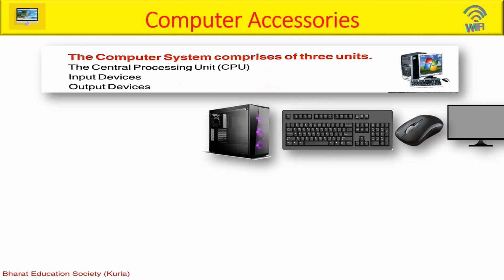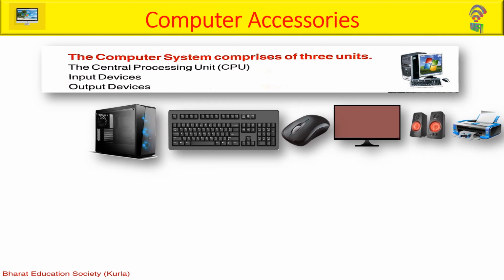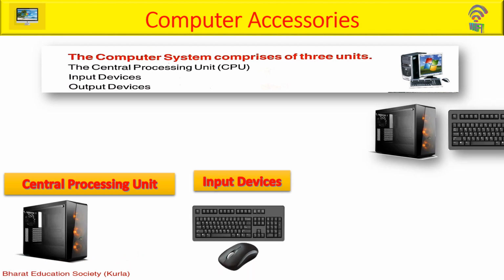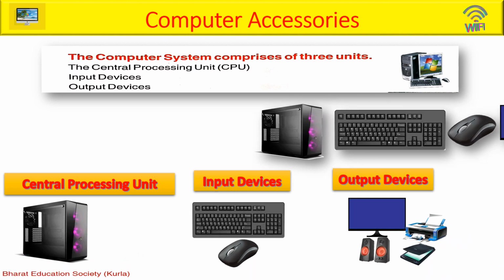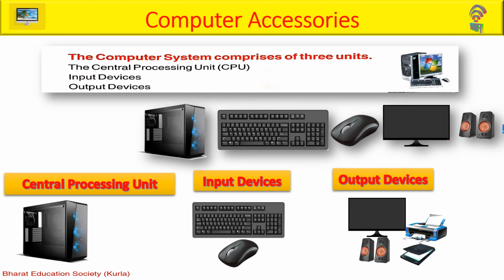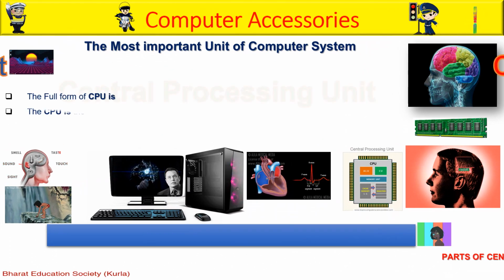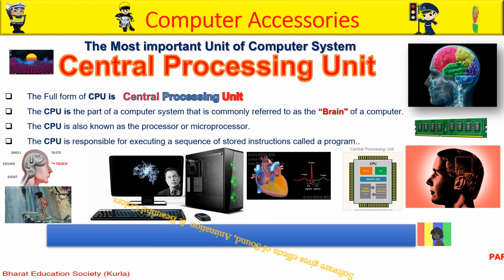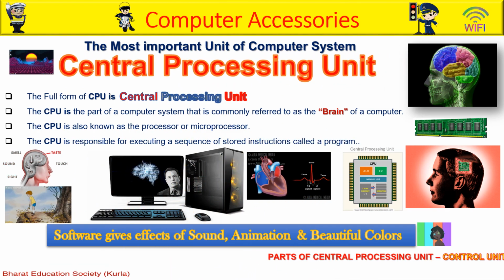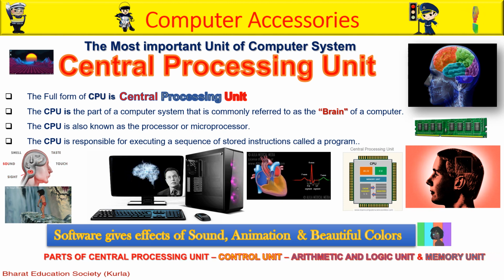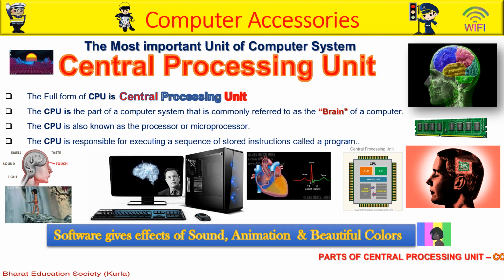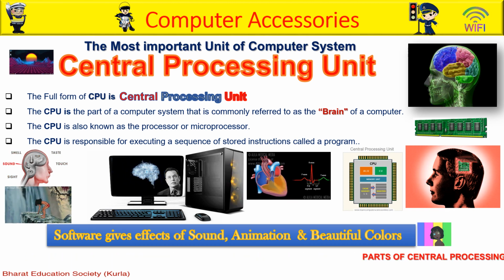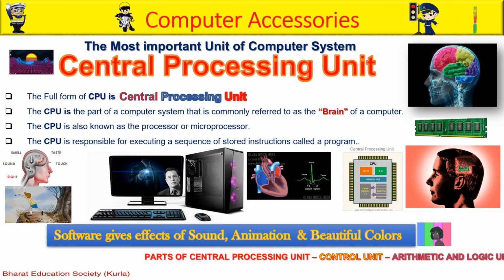Now let us learn that the computer system comprises three units: central processing unit, input devices and output devices. So students, let us learn about the most important unit of computer system, that is the central processing unit. The full form of CPU is central processing unit.